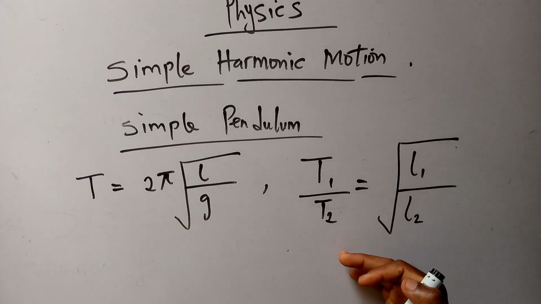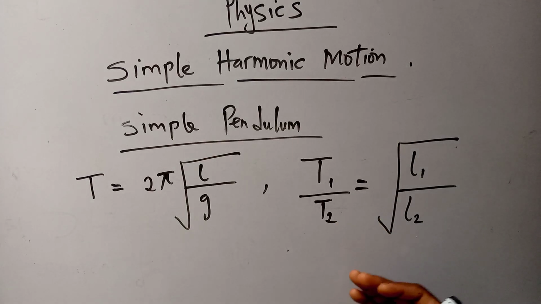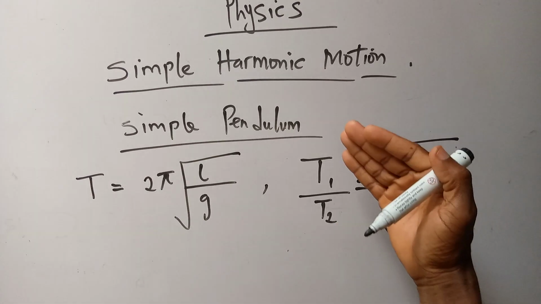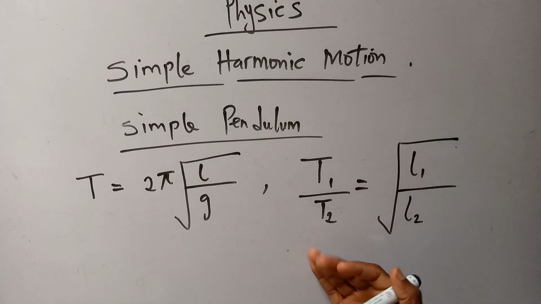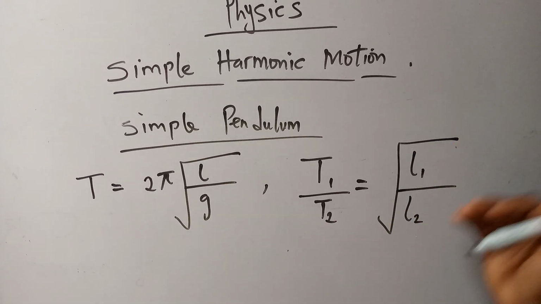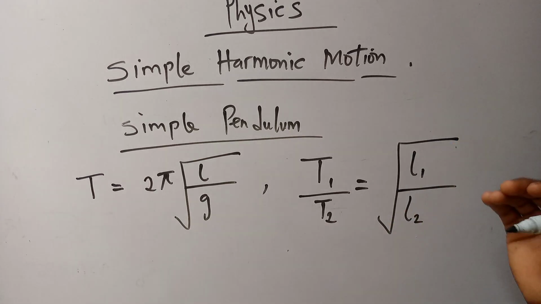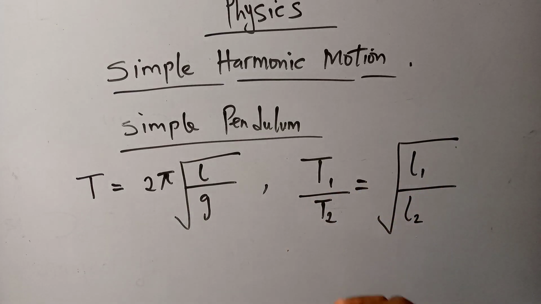This formula is used when two simple pendulums are being used at the same time. You may be asked to get the period of the first pendulum, while the period is given for the second pendulum. The lengths of the two pendulums will be given. So you can look for any of these parameters if the rest are given.